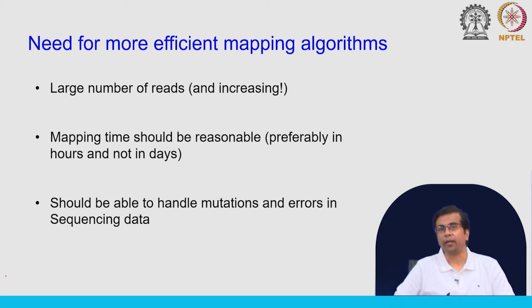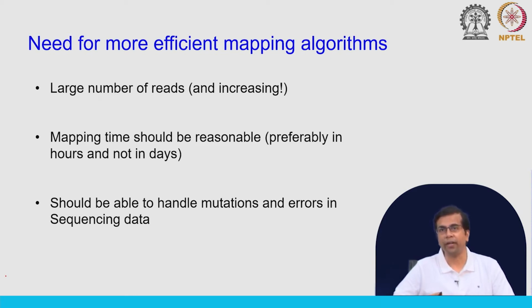It should also be able to handle mutations and errors in the sequencing data. This is something that is very important. Compared to other kinds of applications where we have perfect matches, for example if you are looking for a pattern in a text, we are mostly looking for perfect matches, but here when we are generating sequencing data, we have genuine mutations.